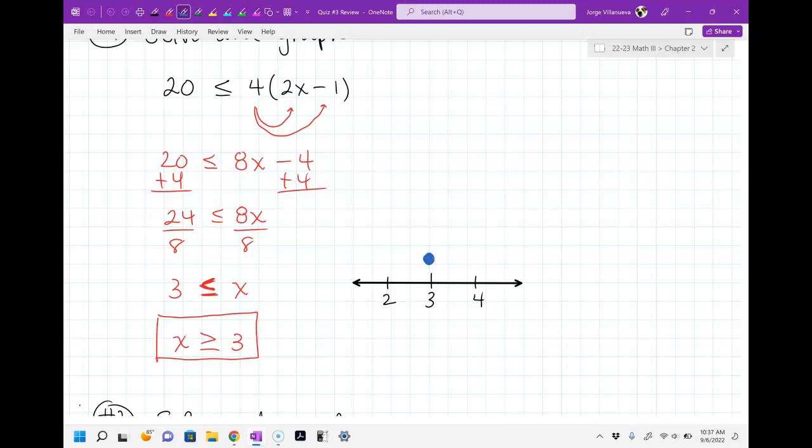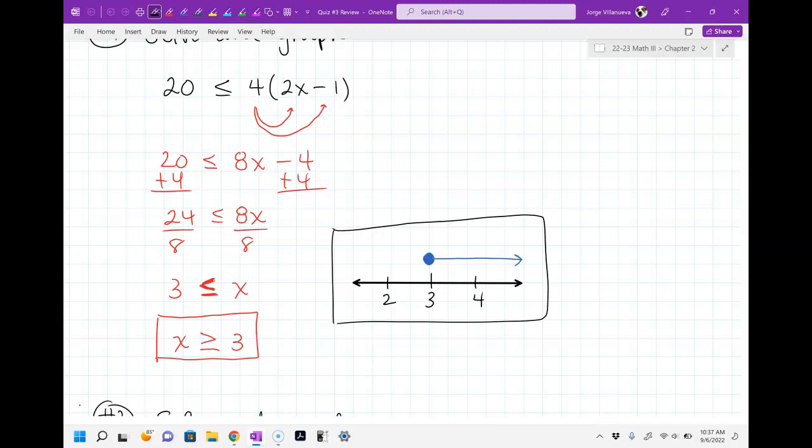Remember, less is left. Try that word association. Less is left, so greater will be to the right. Okay? So, here we go. So we're done, okay? So this is just a normal type problem that you might get.